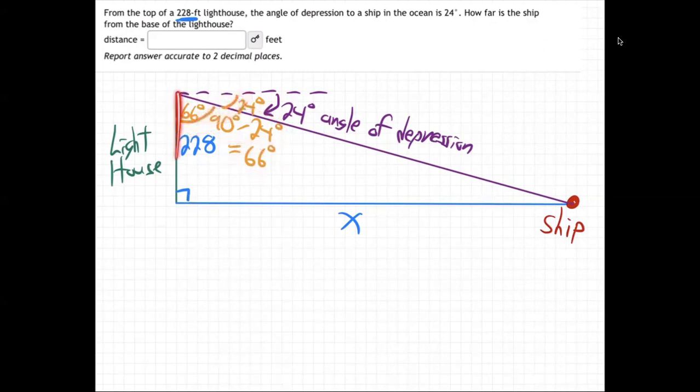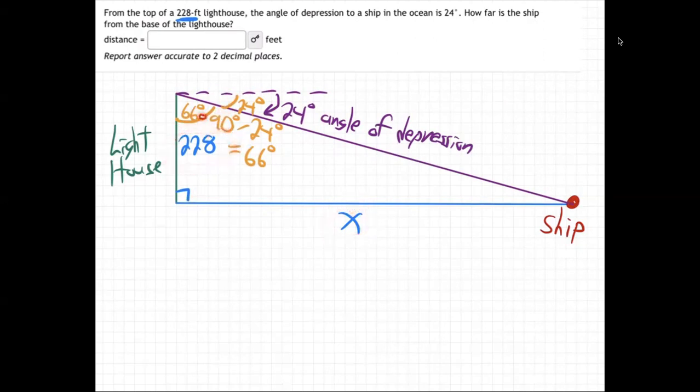How do we know they're 90? Well, this lighthouse is built straight up and down. This is the perfectly horizontal line. It's going to be 90. So this is 66, because the 24 was no good to me alone since it was not inside my triangle. I needed one of the angles inside my triangle. So now I can get the X by using the 228.